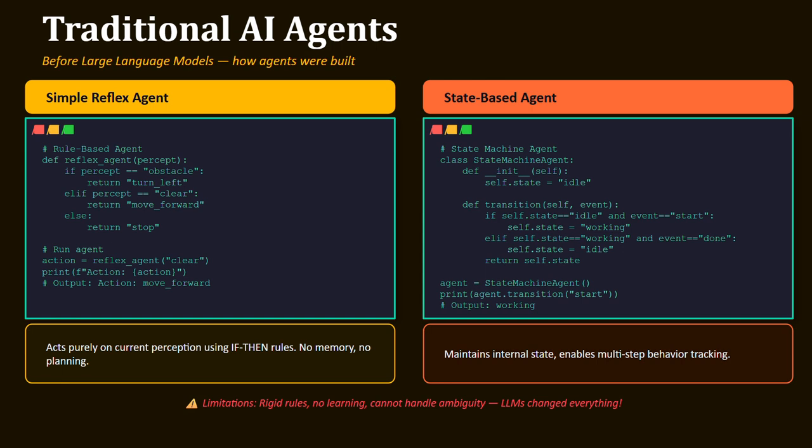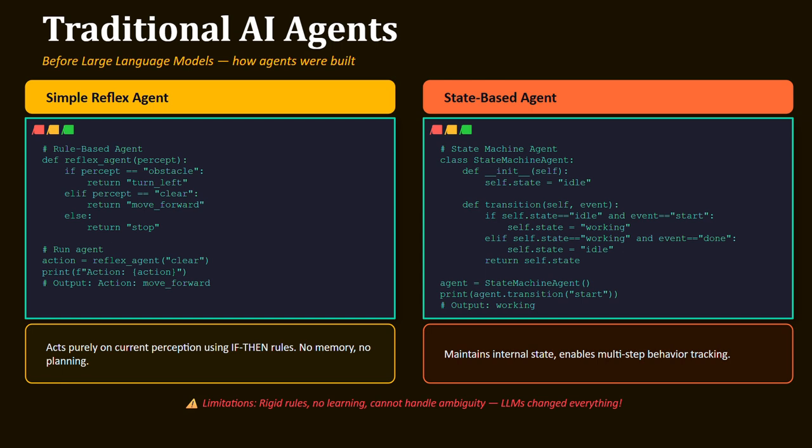The moment they encounter ambiguity or an unexpected input, they break. That is the basic limitation. If we give unseen or undefined data to that particular rule-based agent, it totally breaks. If it encounters ambiguity, it also breaks.